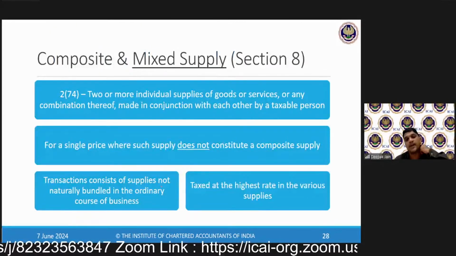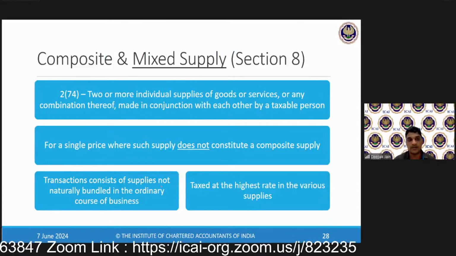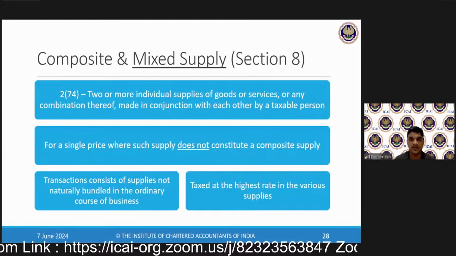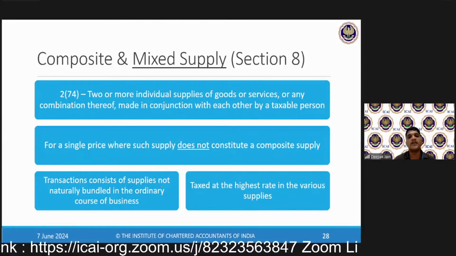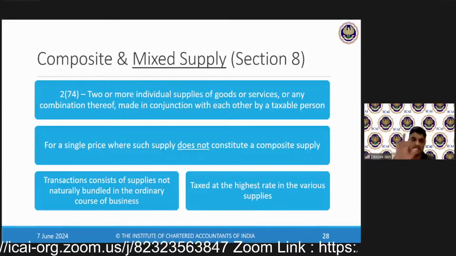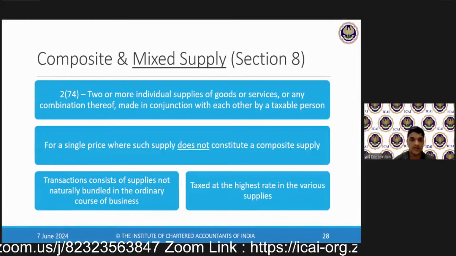Now we'll go to mixed supply. What is mixed supply? Two or more individual supplies of goods or services or any combination thereof, which is made in conjunction with each other by a taxable person. So opposite of composite, here also two or more individual supplies are there.